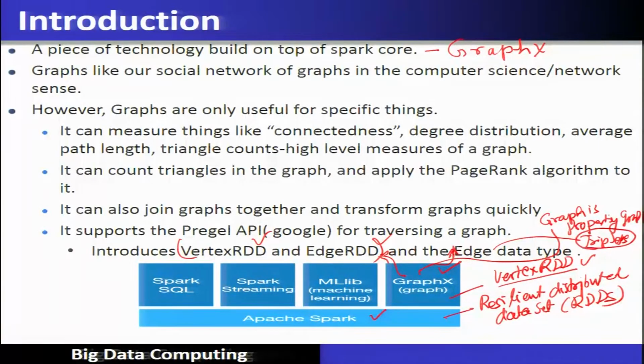The concept of triplet is very useful in building the graph algorithms which we have discussed, like the PageRank algorithm, connectedness, and finding out the triangle counts, degree distribution, and the connected components. Which are some of the important graph algorithms.